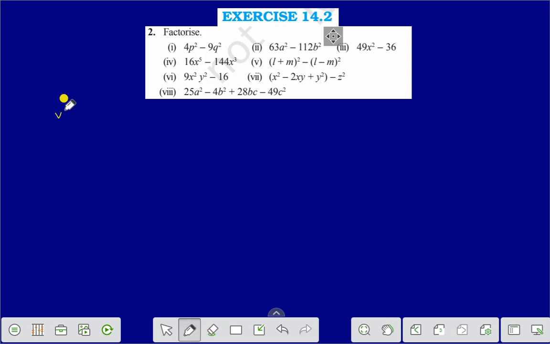The question number 8 is 25a square minus 4b square plus 28bc minus 49c square.